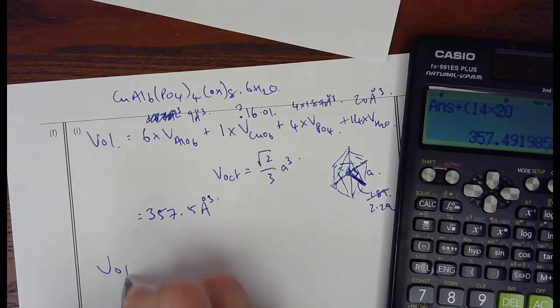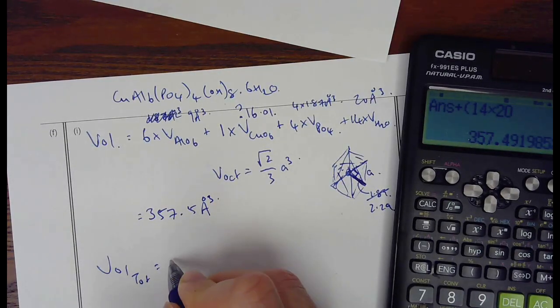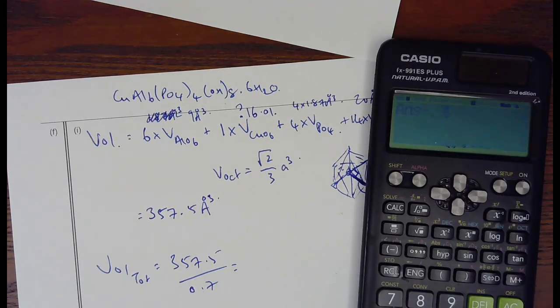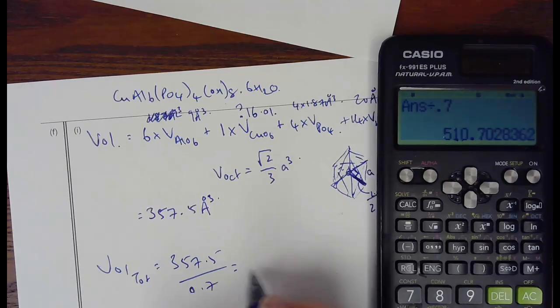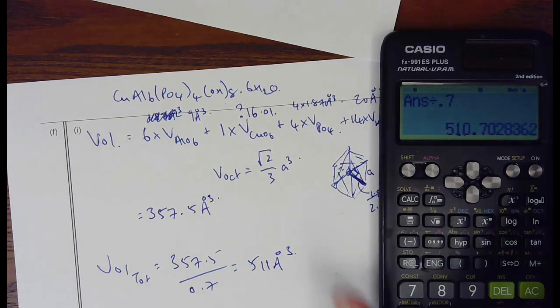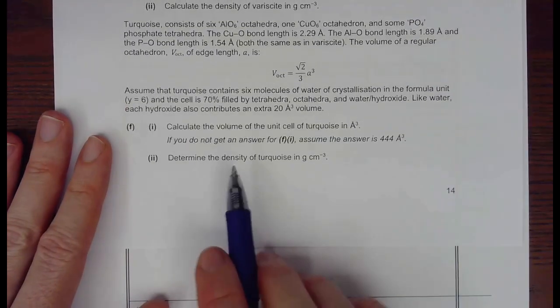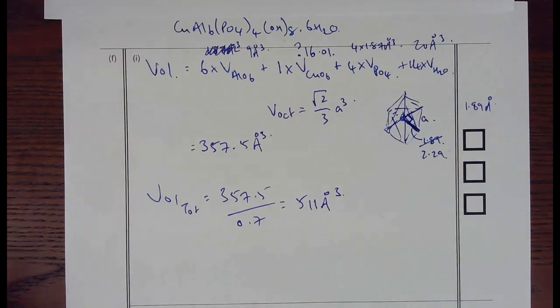So the total volume is going to be 357.5 divided by 0.7 to give me 511 angstroms cubed. Lovely. And then the final part is determine the density.